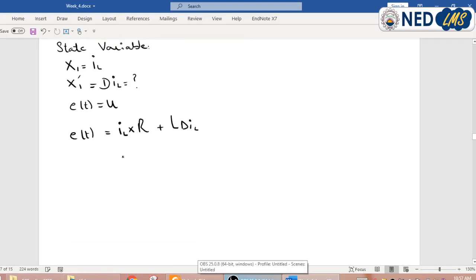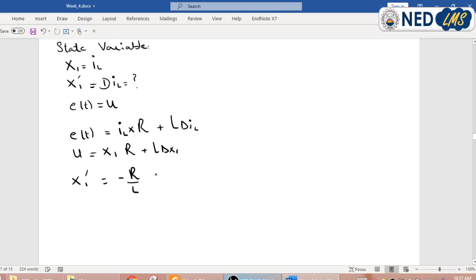IL is basically a state variable, and E of T can be replaced with the state variable U. IL is basically x1, so U equals x1 R plus L x1 dash. So x1 dash can be written as minus R over L x1 plus U over L. This is my only state equation here.